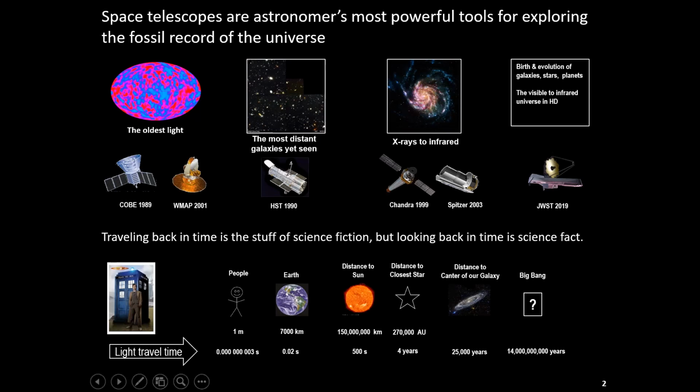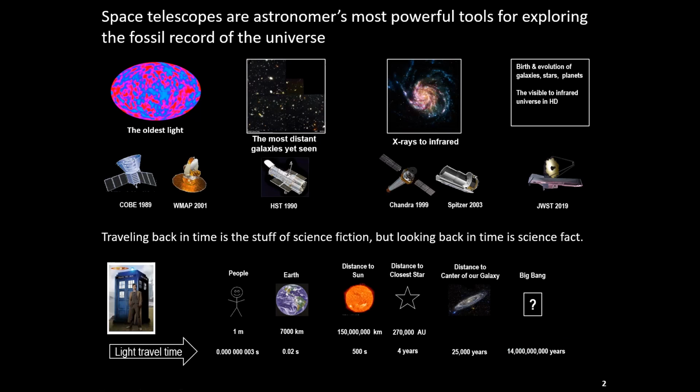As we look at objects that are farther and farther away, we are looking literally farther into the past. So for example, if we look at the center of our galaxy, we're seeing it as it appeared 25,000 years ago. And we can use this technique to look back to the earliest epochs of the universe.